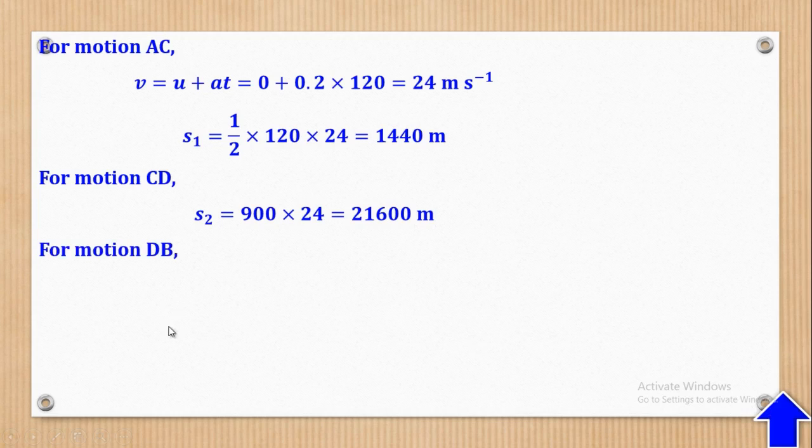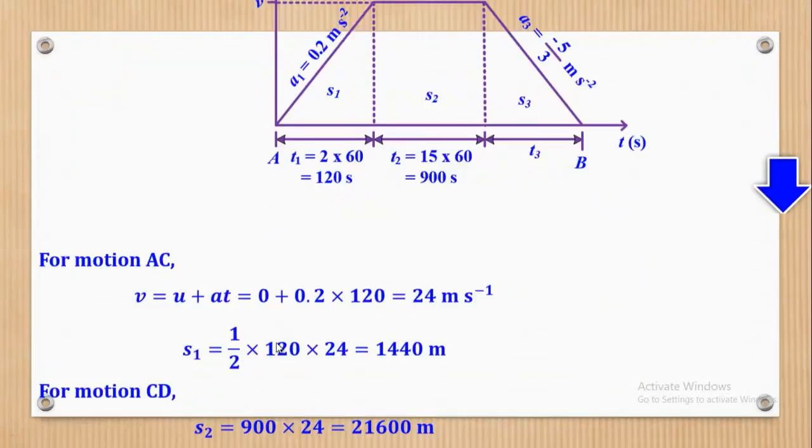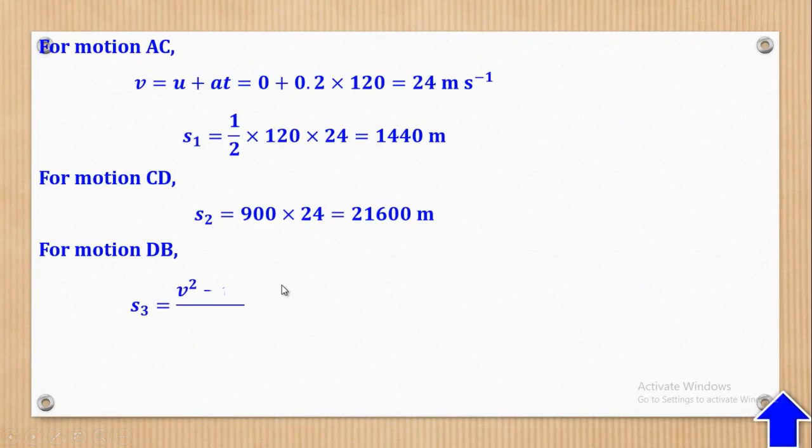So now we shall go to motion DB. For motion DB, it's also a triangle, but the challenge is that we don't know T3. So since we know the initial velocity, the final velocity and the acceleration, we shall use the third equation of motion to come up with the distance traveled. So we shall say that S3 is equal to V squared minus U squared over 2A.